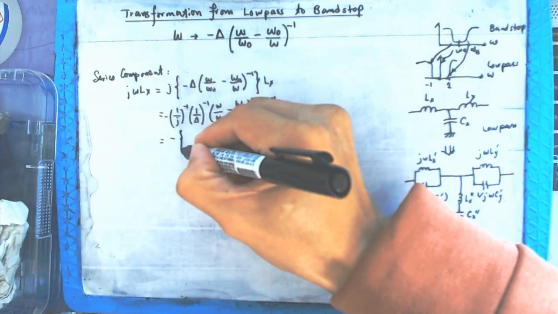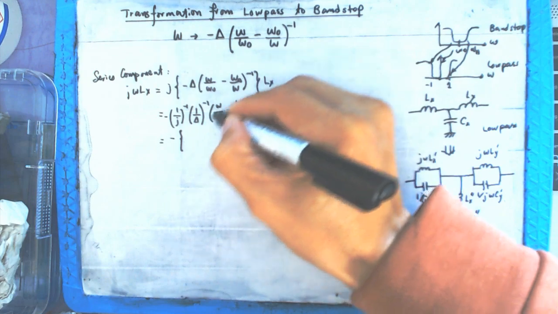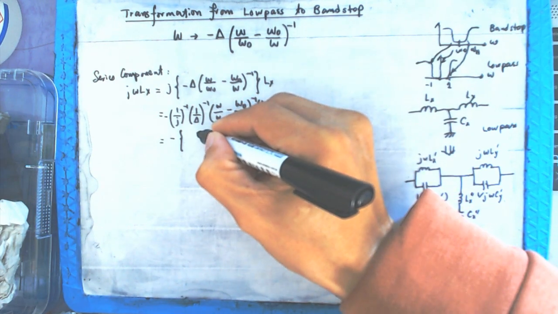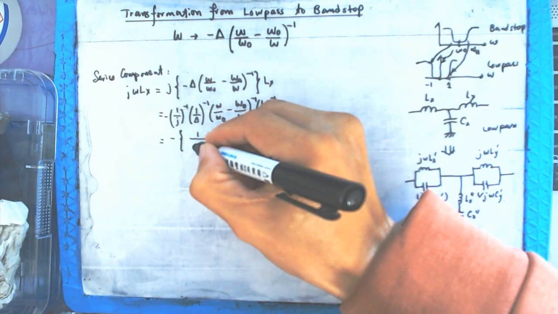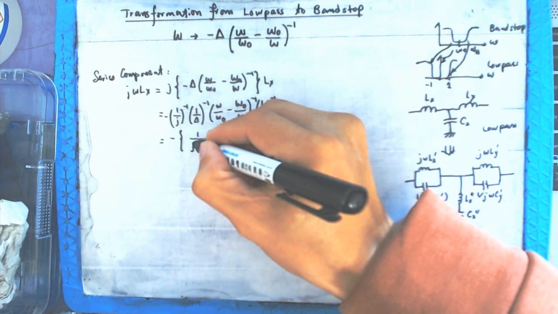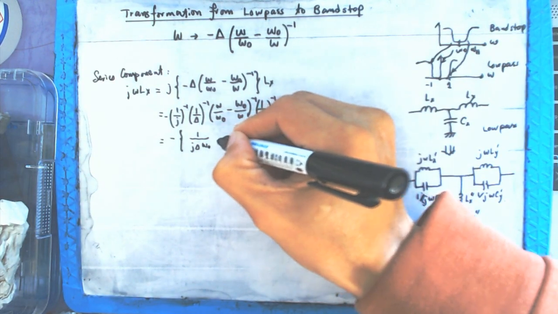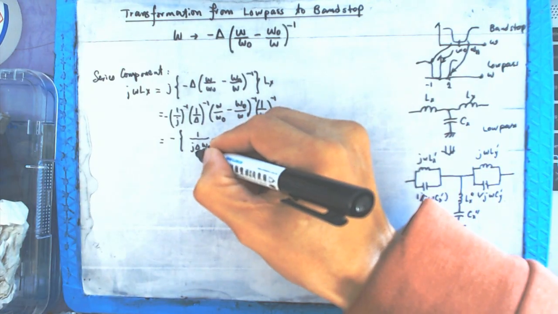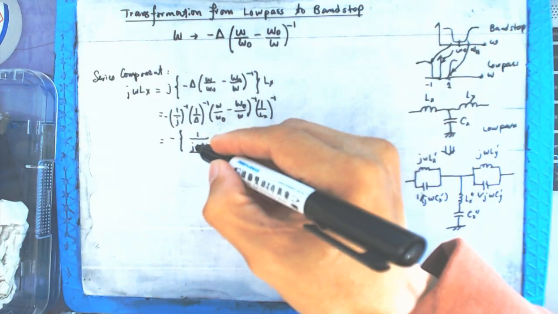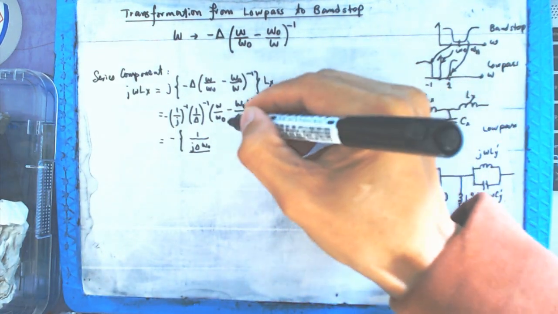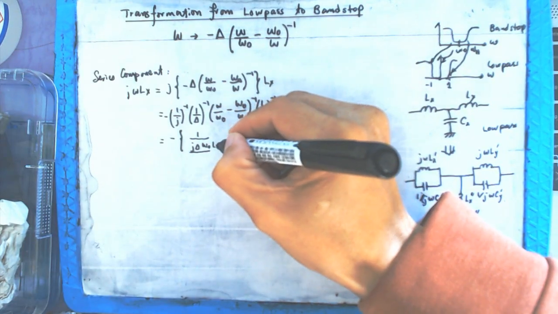So the first term, I will put the omega on the bottom. j delta omega naught, and this one Lx omega.